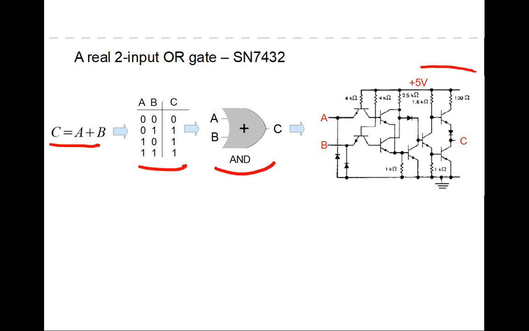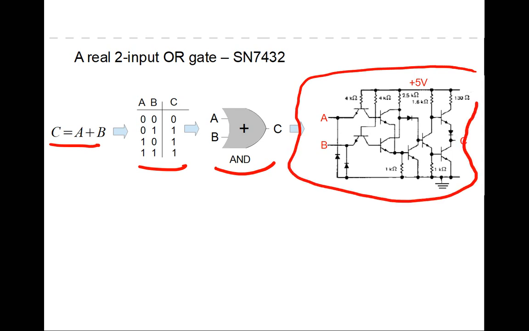And this is actually an example of what you would buy if you were to purchase one of these. It has an input A, an input B, and I just covered up the output C, but it's this little wire here. It has about 7 transistors, a bunch of diodes and a bunch of resistors. And I believe this is a logic family that's called TTL.